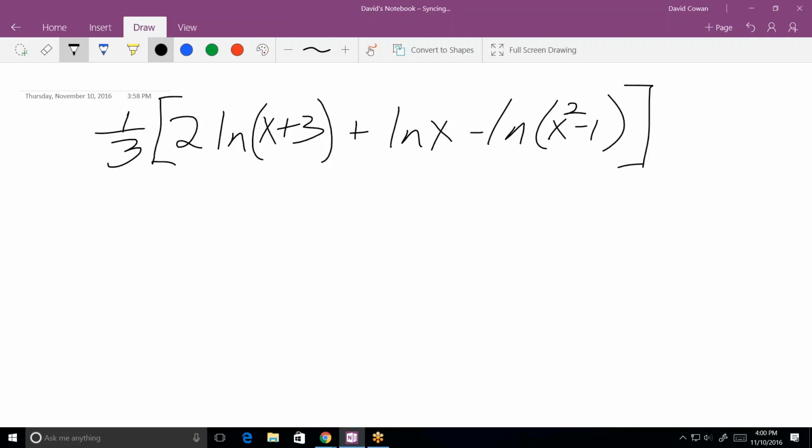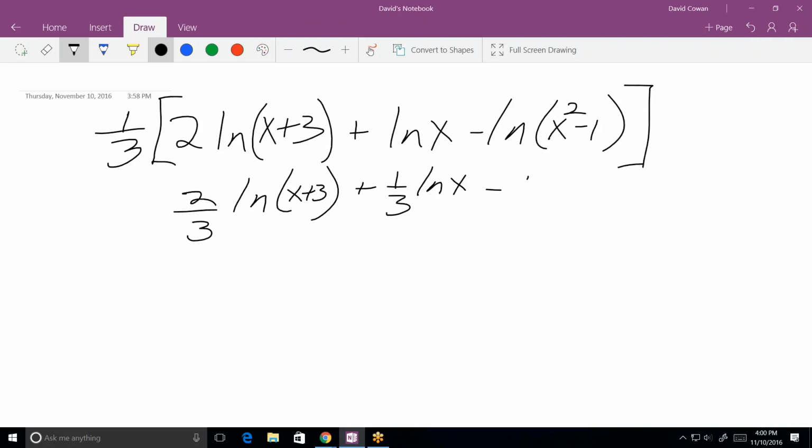Let's start by distributing the 1/3. That gives us 2/3 natural log of x plus 3 plus 1/3 natural log of x minus 1/3 natural log of x squared minus 1.